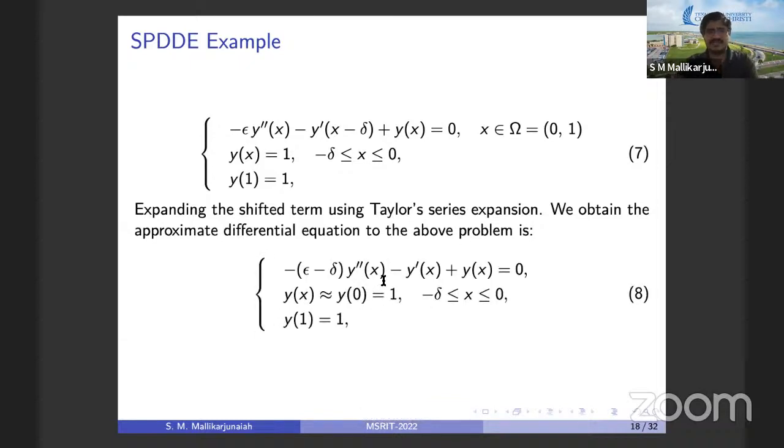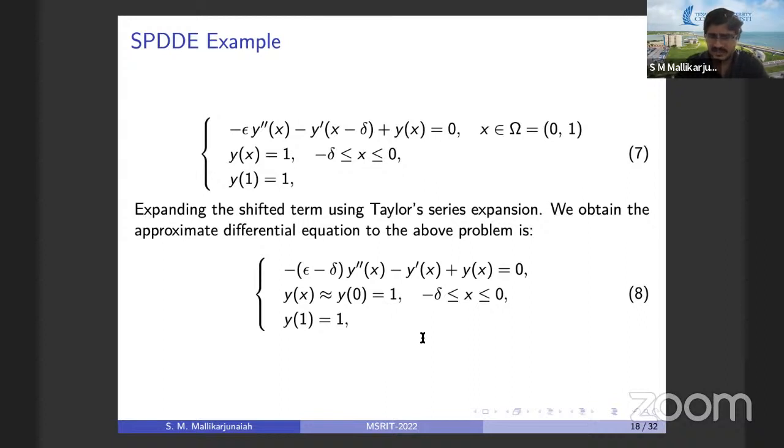You see easily that this delta is added to the second order term. Equation 8 is what I want to solve. So I have a second order delay differential equation. It has both epsilon and delta, and some boundary conditions: y of 0 is 1 and y of 1 is 1.